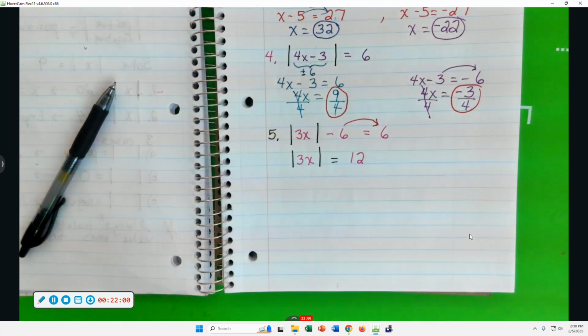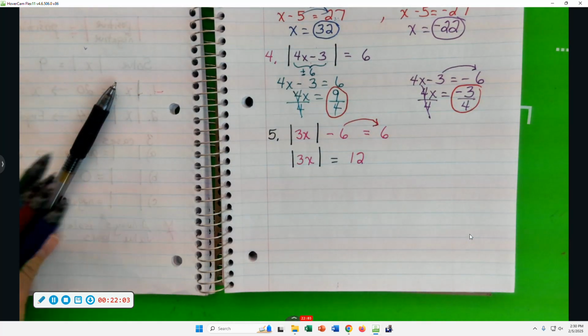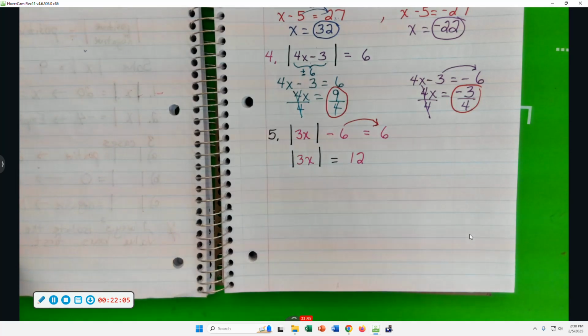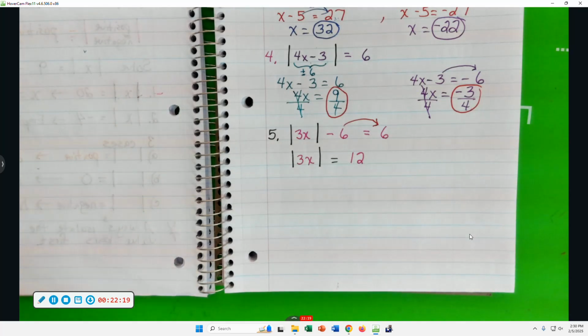So this is one of those things where you should understand the logic of why we're doing equal positive, equal negative. There are some things, like why negative b plus or minus the square root of b squared minus 4ac all over 2a works. Well, it works because we said it did. It's very easy to derive once we complete the square, and if we have time that day, we'll derive that quadratic formula for you.